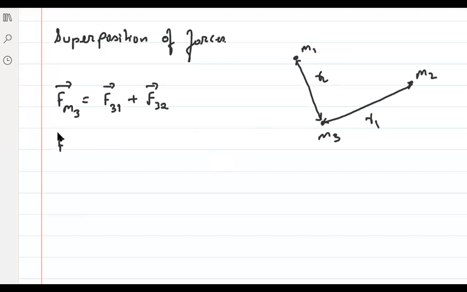The force on 3 will be, and the best thing to do is find F31 separately. What is F31? G M1 M3 divided by mod of r1 squared into r1 cap. Agree? Easy?